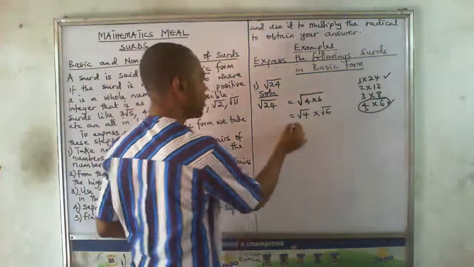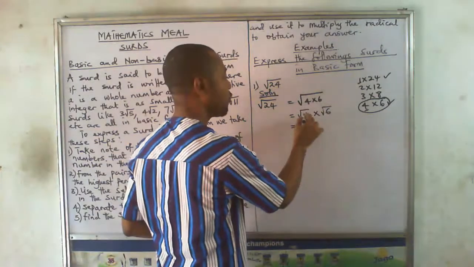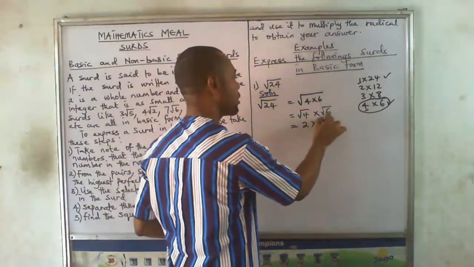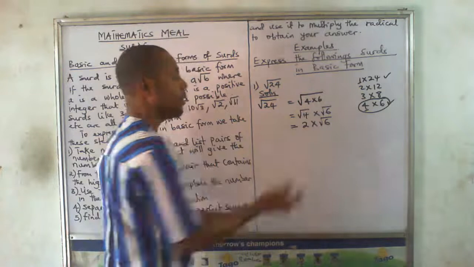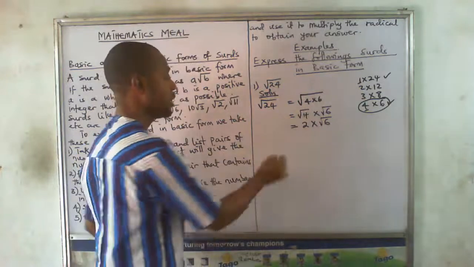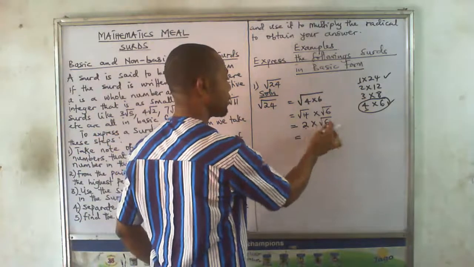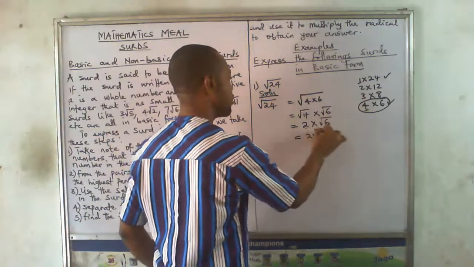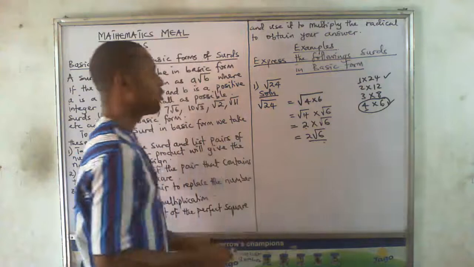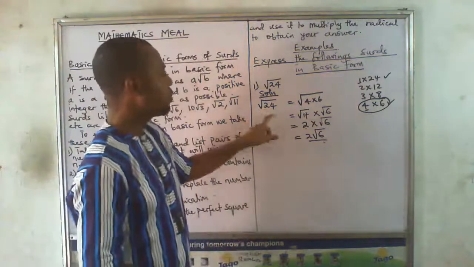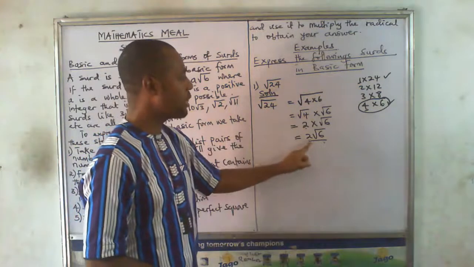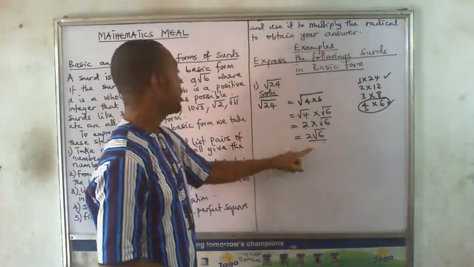We separate them. Finally, find the square root of the perfect square and use it to multiply the radical to obtain your answer. So what's the square root of 4? It is 2 times square root of 6. This is not a perfect square. 4 is a perfect square. So when 2 multiplies this radical with 6, we are going to have 2 root 6. So you now see that square root of 24 is the same thing as 2 root 6 in basic form.